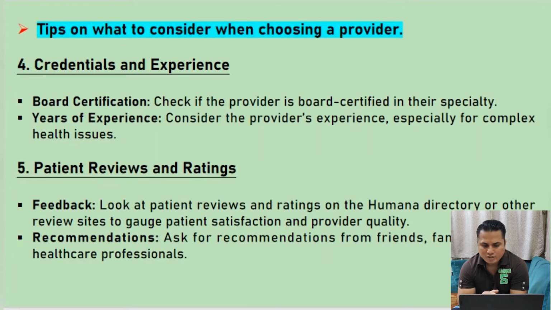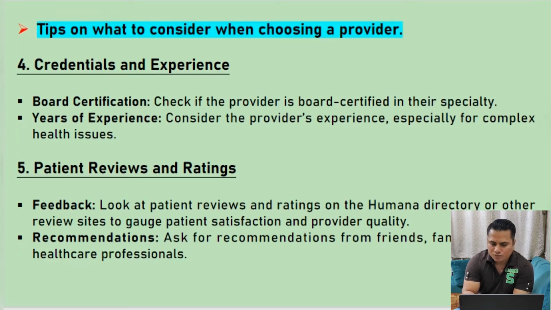Number four, credentials and experience. Board certification: check if the provider is board certified in their specialty. Years of experience: consider the provider's experience, especially for complex health issues. Number five, patients' reviews and ratings. Feedback: look at patients' reviews and ratings on the Humana directory or other review sites to gauge patient satisfaction and provider quality.